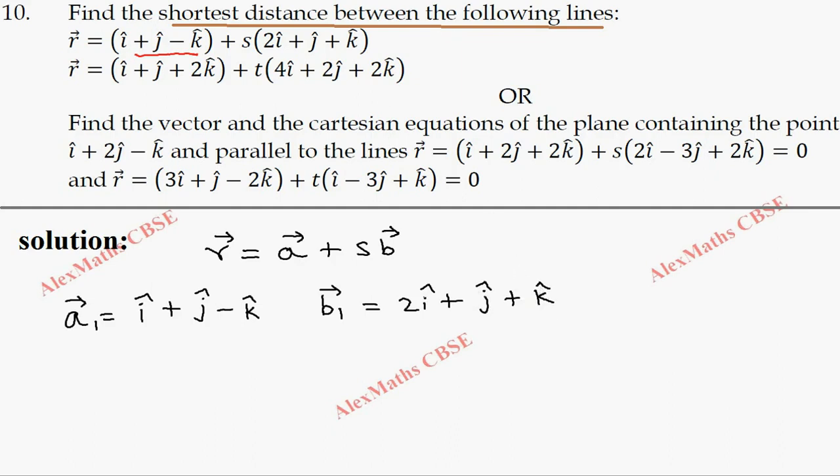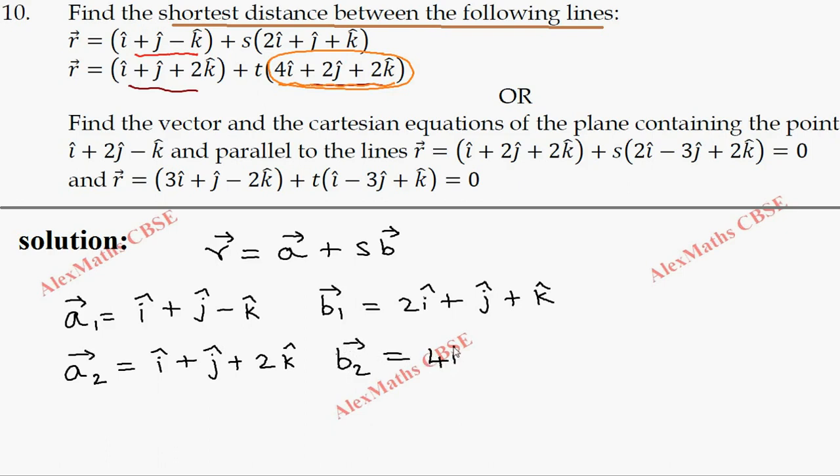In the same way, from the second line, let's take A2 and B2. This is A2 vector equal to i plus j plus 2k, but we notice when we take 2 common from this, it will be similar to B1. So when I write B2 vector, first let me take it as it is, 4i cap plus 2j cap plus 2k cap.